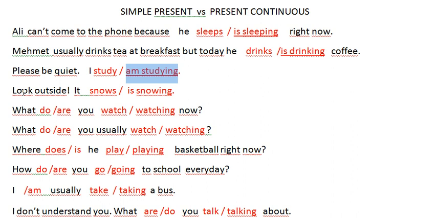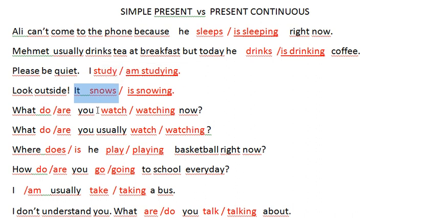And the fourth sentence is the same thing. Look outside. When I say to somebody, look outside, I'm talking to somebody now and I'm saying, look outside. It is snowing. If I say it snows, it means a general thing.